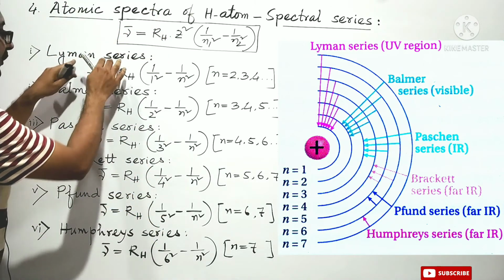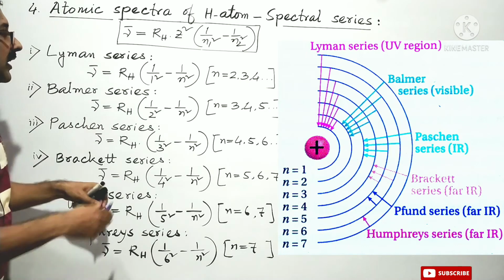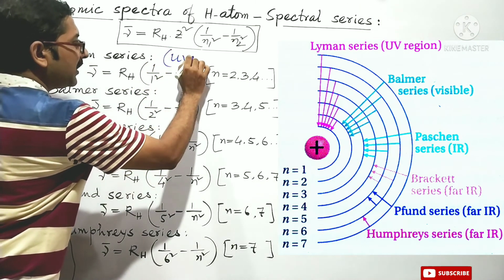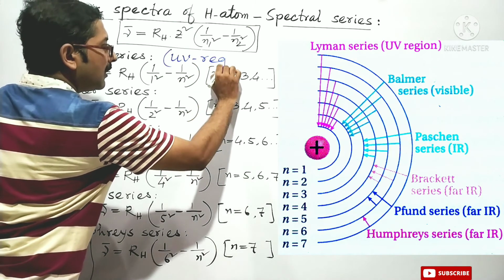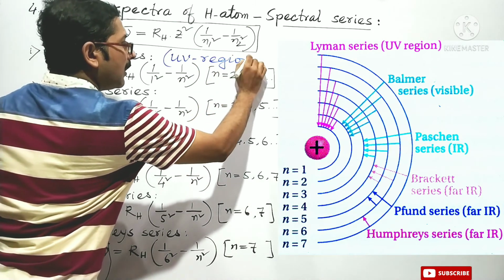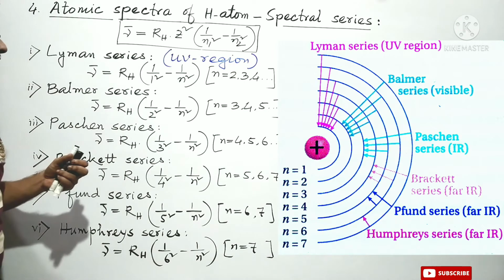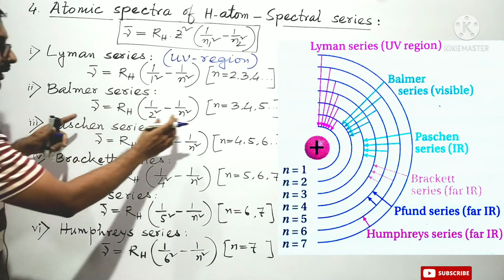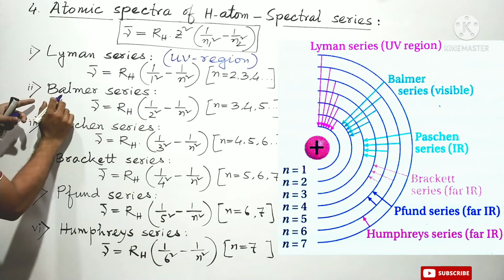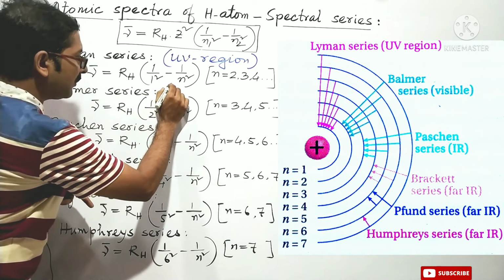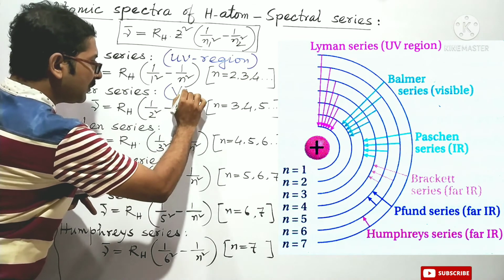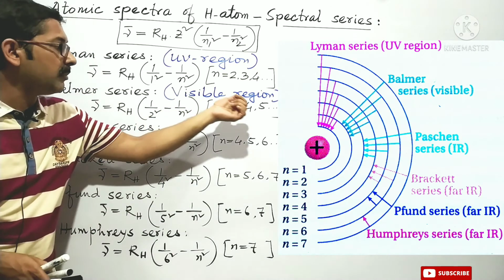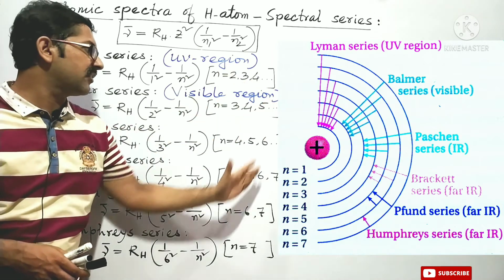So this Lyman series of lines occurs in the UV region. As you can see in the image, this series of lines occurs in the UV region, and the Balmer series of lines occurs in the visible region. This is very important: only the Balmer series of lines occurs in the visible region of electromagnetic radiation.